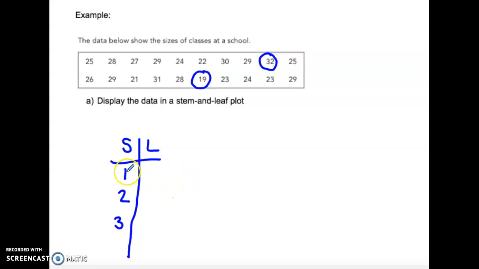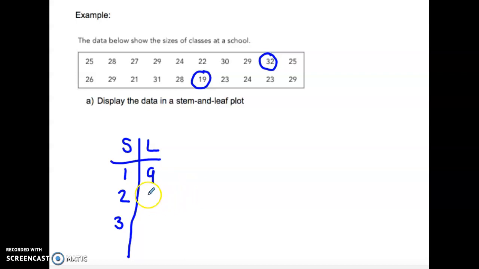So first, let's start with the numbers with 1 in the stems. The only number we have here is 19, and there's only one of them, so we're just going to have a 9. There's lots of 20s though, so we have to order the 20s from least to greatest.